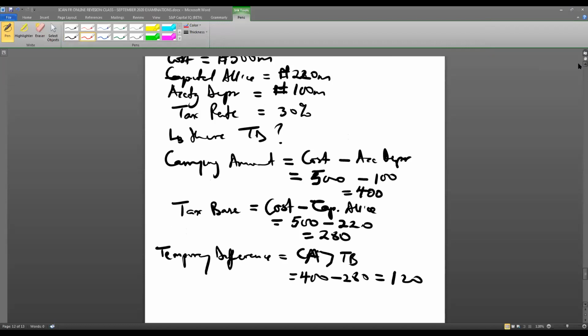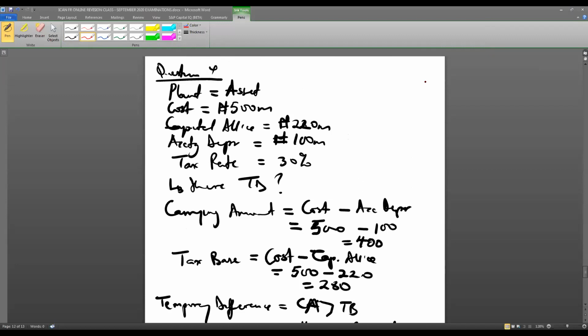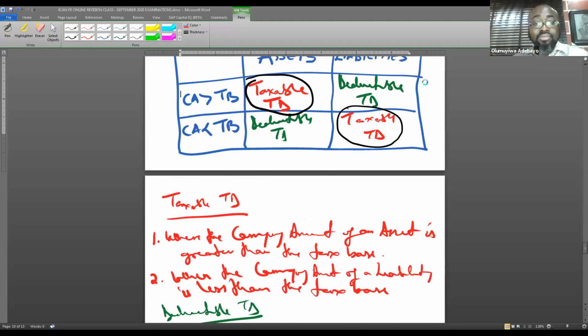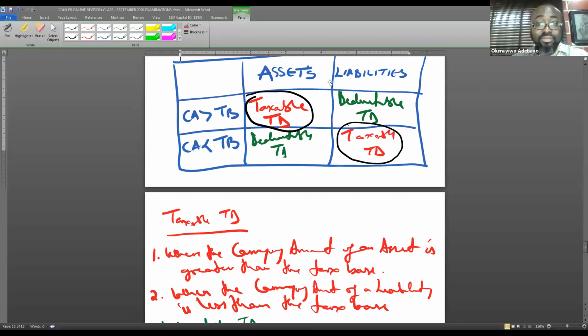It's taxable because it's an asset and the carrying amount is greater, which is the same thing as here: taxable, given that the carrying amount of an asset is greater than the tax base.